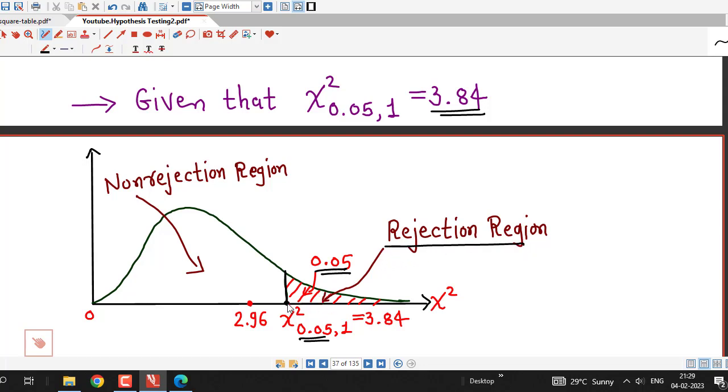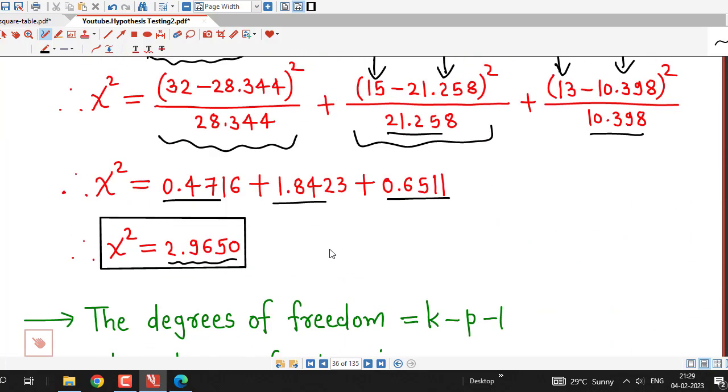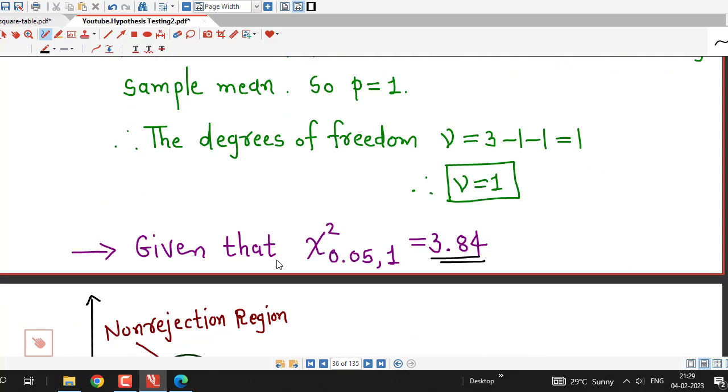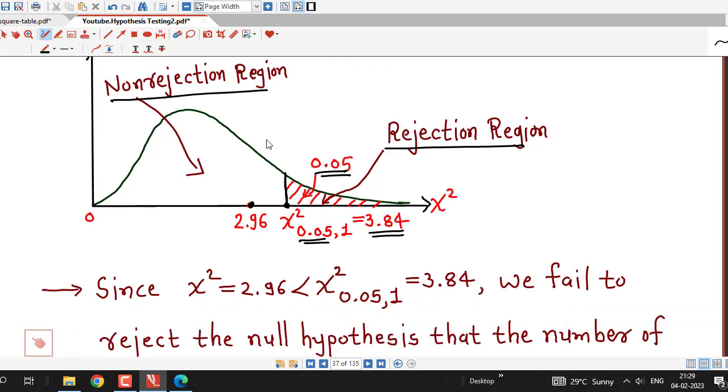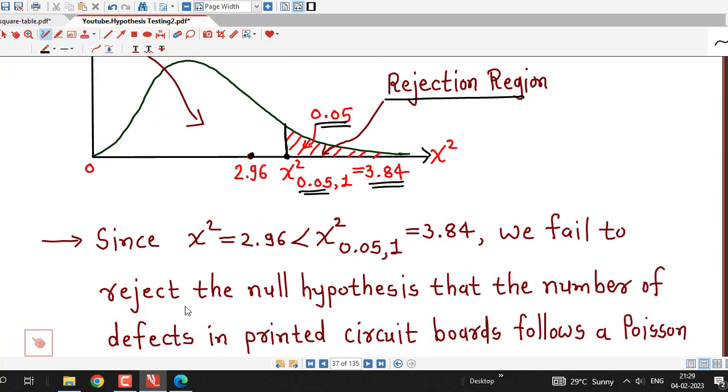Using the table we have obtained that this point is 3.84. And what is the value of the test statistic? It is 2.9650, or simply 2.96. Because the critical value is 3.84, 2.96 lies somewhere here, and it is less than this value, therefore we are in the non-rejection region, and therefore we fail to reject the null hypothesis.